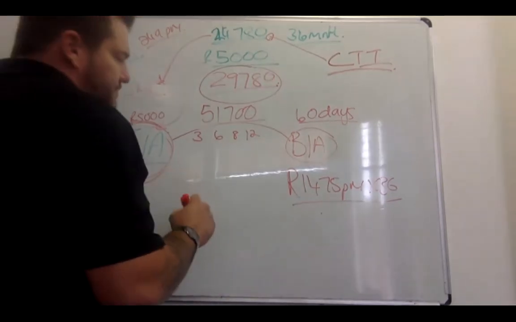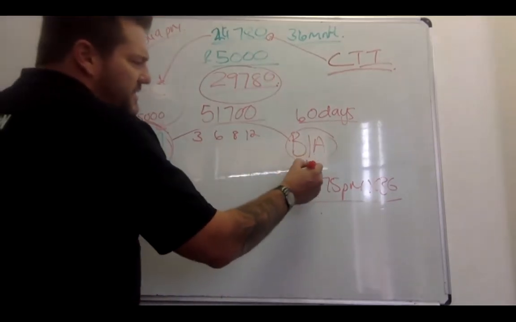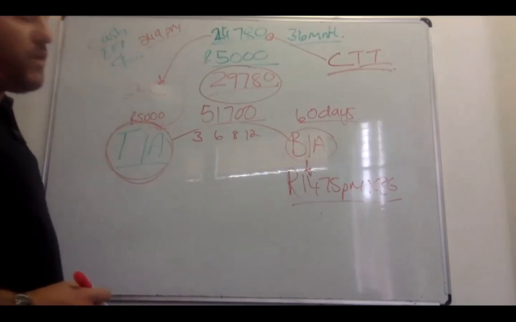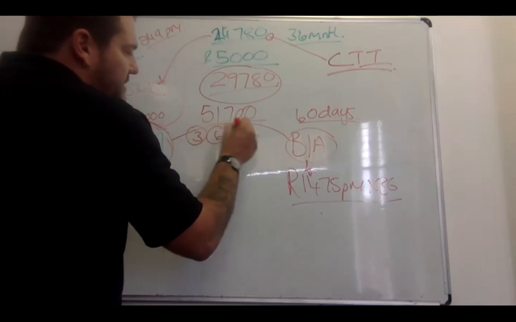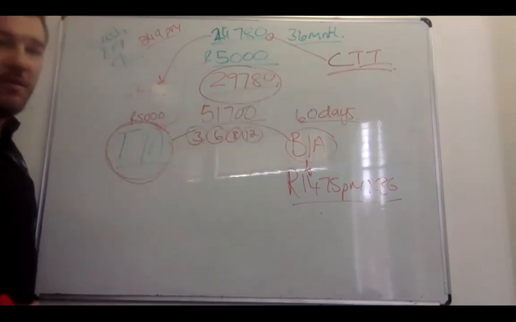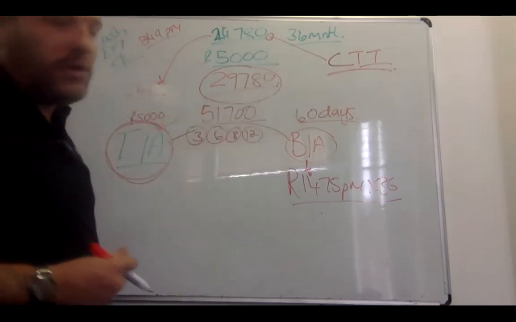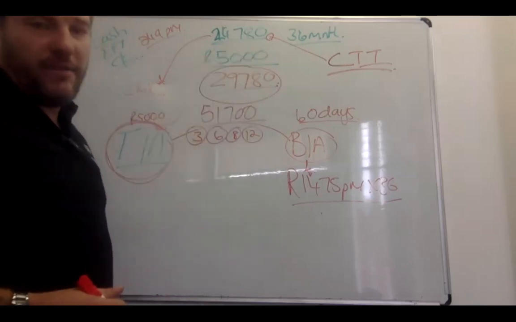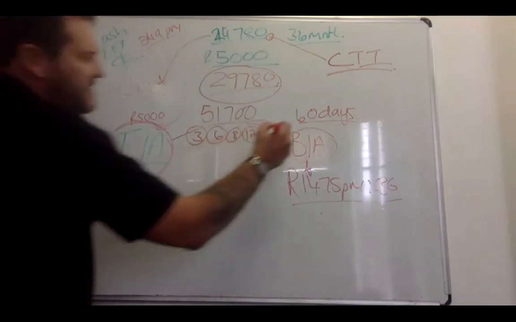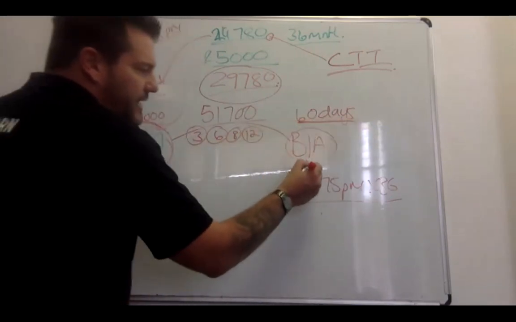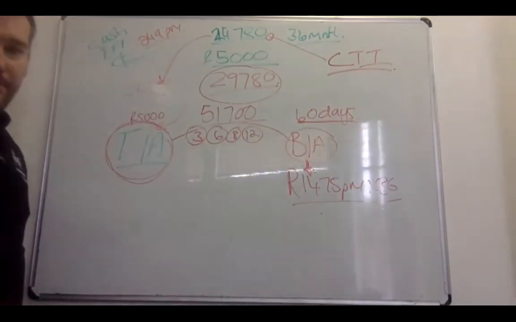So what they said is they're going to start deducting 1,475 Rand from your bank account after 60 days. They're going to give us the options of 3 months, 6 months, 8 months, 12 months, and every 3 months after that, in order for you to settle your full amount of the 24,000 with the profits that you make. Now, after the 60 days, they are going to deduct the money from your bank account.